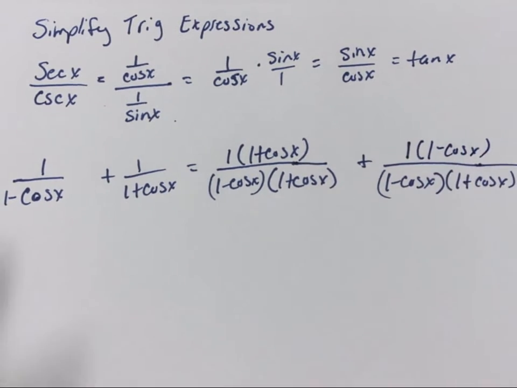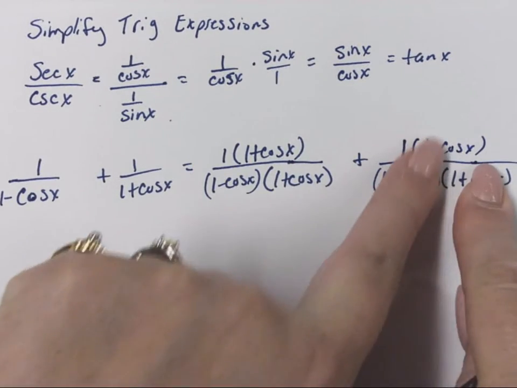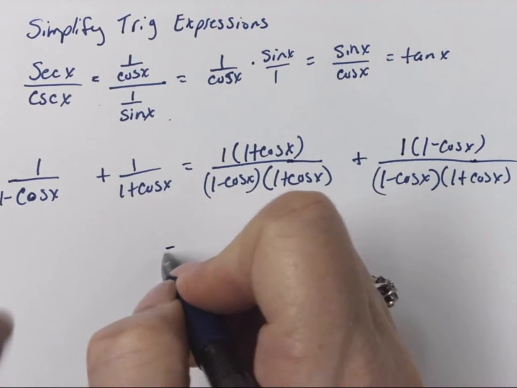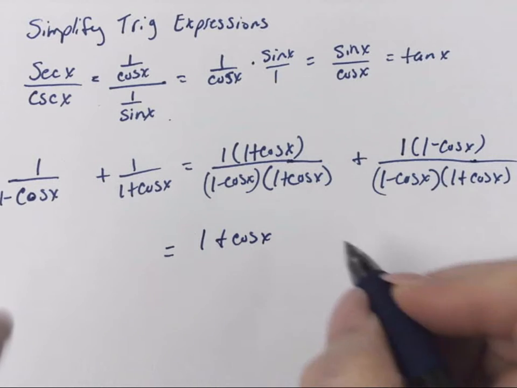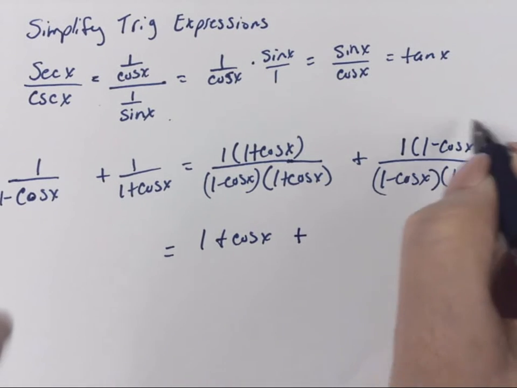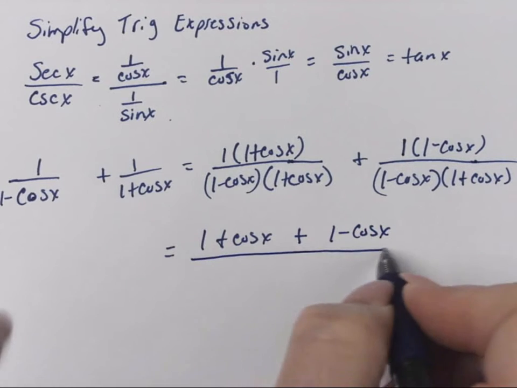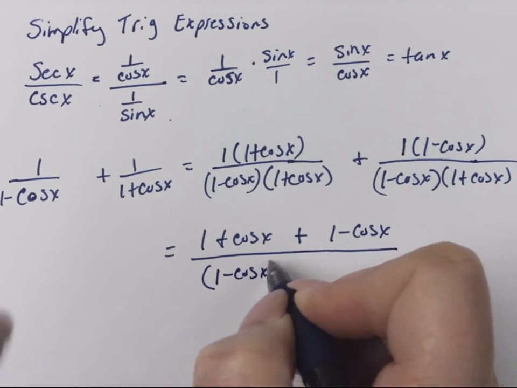So when we get to this spot here, our cosine x's are going to cancel because they're plus and minus. So we end up with 2, and our denominator, we can multiply it out. So 1 minus cosine x times 1 plus cosine x will actually be the difference of squares. We'll end up with the 1's being multiplied. The middles will cancel out.